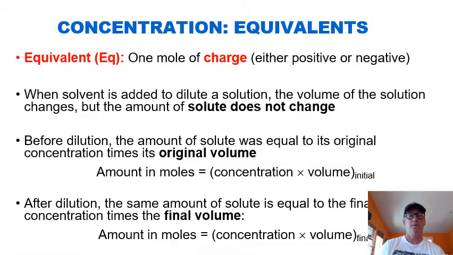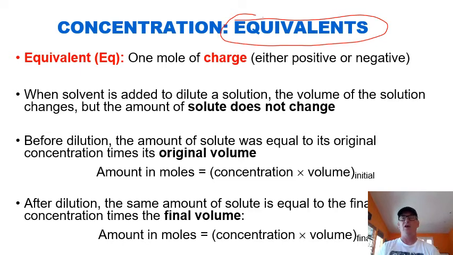Now there's another concentration we need to discuss, and that is something called equivalence. Equivalents are also a molar concentration, but instead of just being any kind of solute, we're talking specifically about charged ones. So an equivalent is a mole of charge.